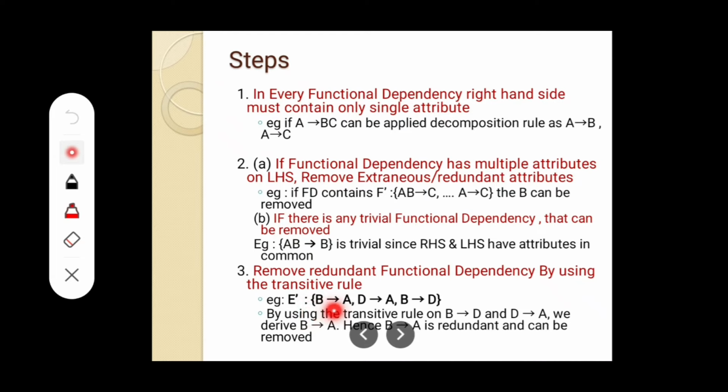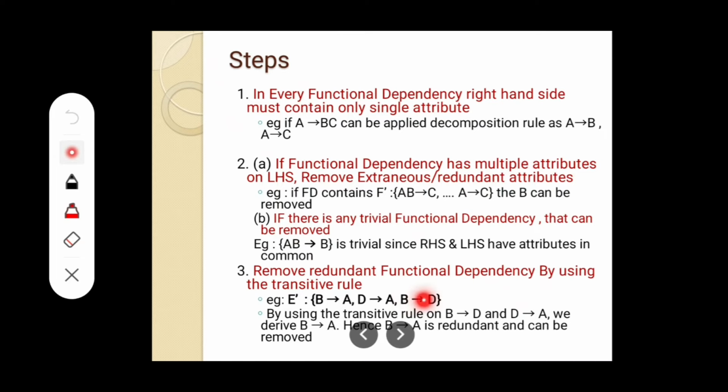So B determine A, D determine A, B determine D. Here, B determines D and D determines A. The RHS of this functional dependency and the LHS of the other are the same. In that case, we can write B directly determines A.